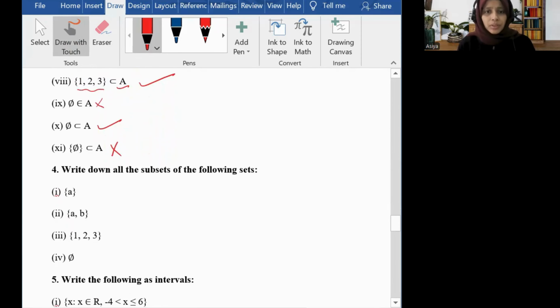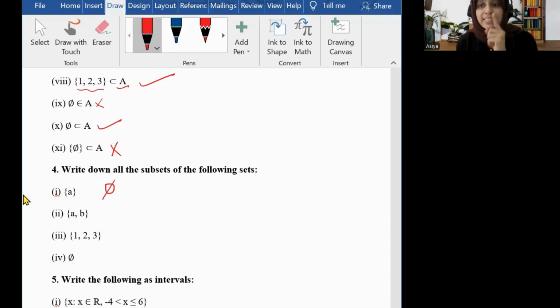Now, moving on to the fourth bit, write down all the subsets of the following set. Let us start with the first problem. I have to write the subsets of A. Always remember, null set is a subset of every set. So whenever you are asked to write subsets, always include a null set.